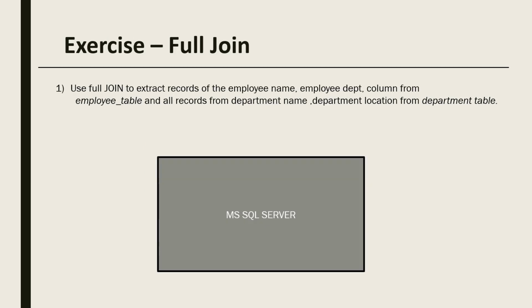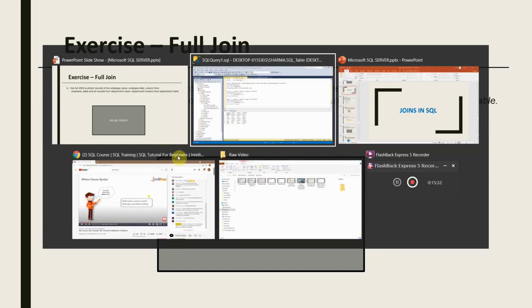The question is: use full join to extract records of the employee name, employee department columns from the employee table, and all records from department name, department location from the department table. So let's do it on SQL Server.